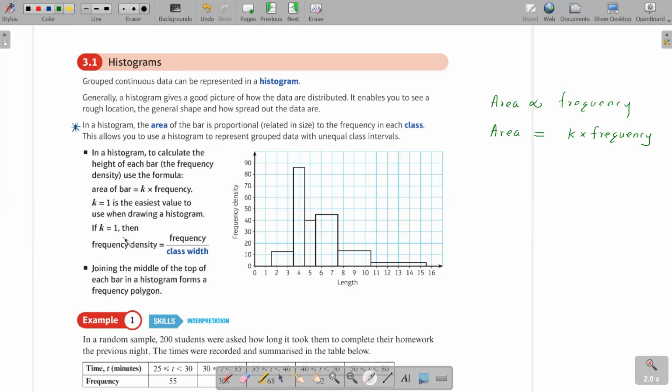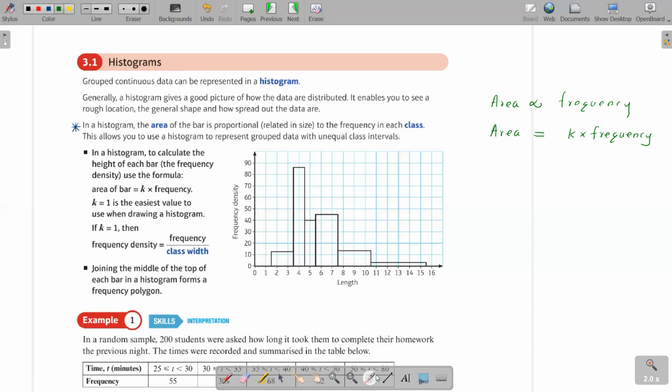You won't always get k equal to 1, so in such situations, it's always best to go with area equals k times frequency. Frequency density equals frequency over class width is not something that we are going to use very often now. It can only be used if k is 1, and in most of the sums that will not be the case. That was the case in your O levels.